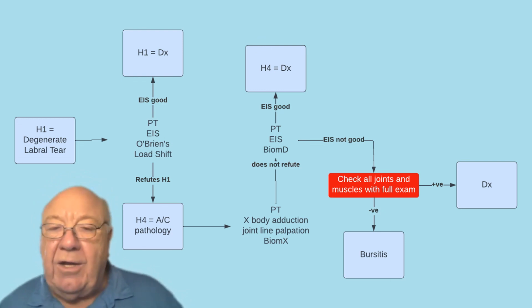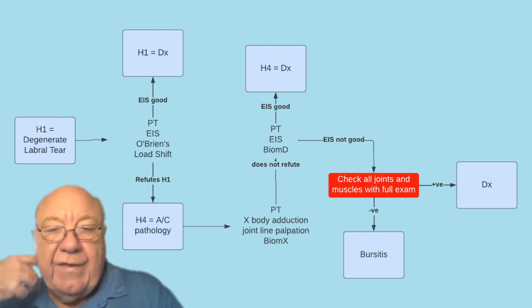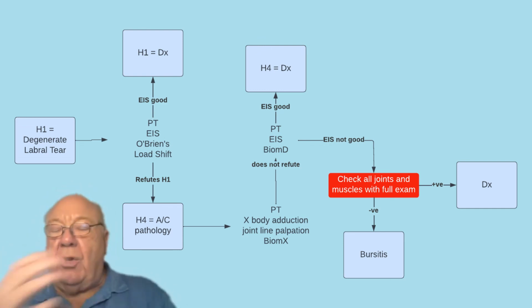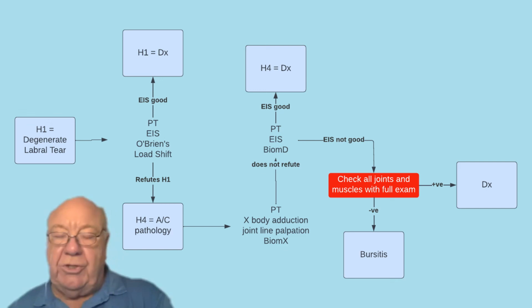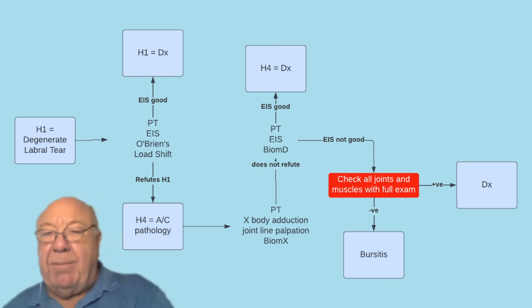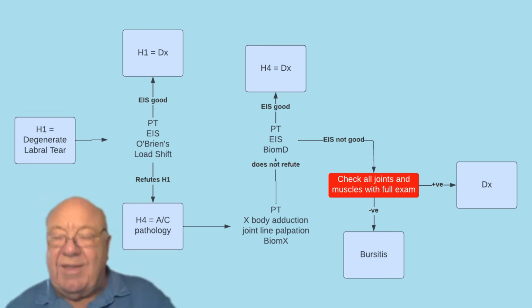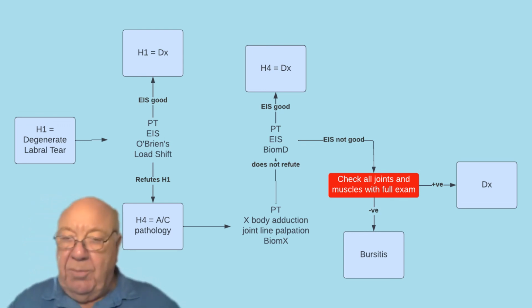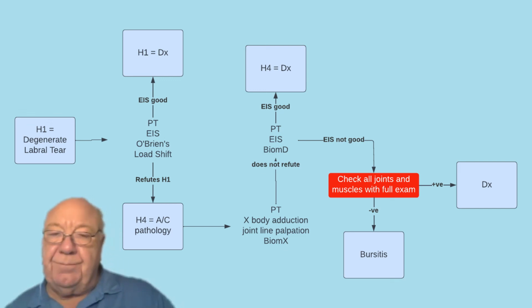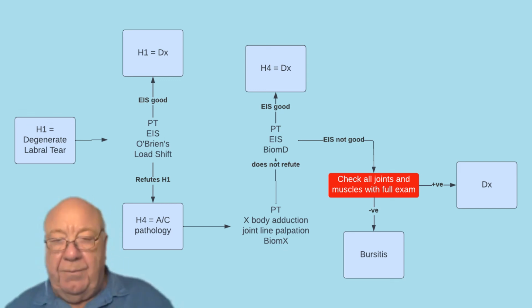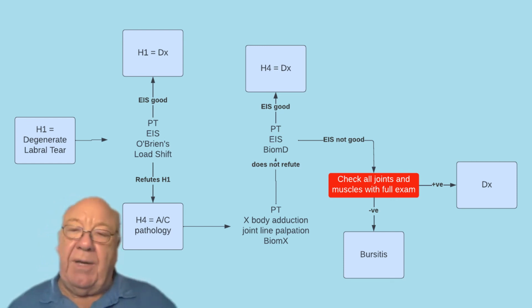If the EIS isn't good enough, then we need to check the whole shoulder, a proper examination of all the shoulder, all of the muscles, all of the joints and so on, and then that may render a diagnosis, and if it doesn't, then we can probably say with some degree of happiness that this is a bursitis. And we can then prove that by palpating the bursa directly.